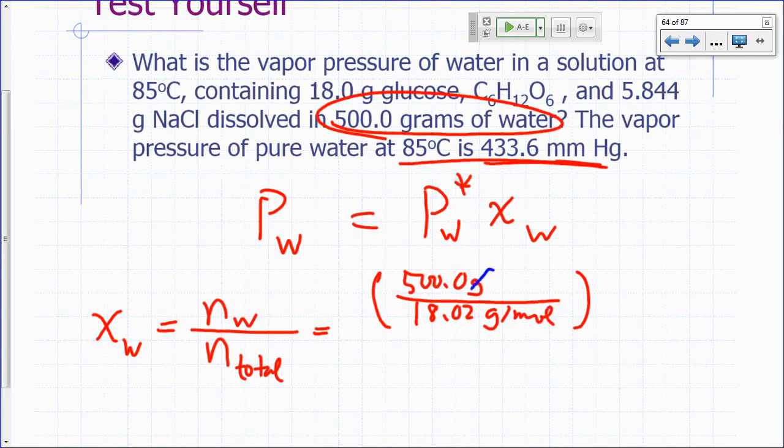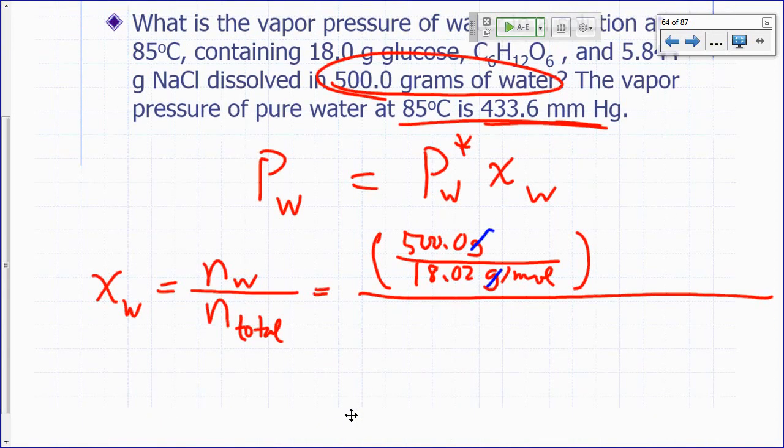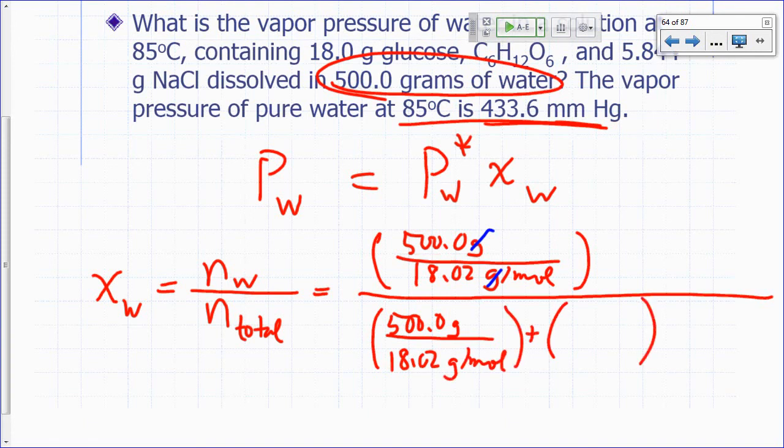Okay, that cancels grams. Okay, how do I get total moles? Well, part of that total would be the water, right? So 500.0 grams over 18.02 grams per mole plus, so grams cancel out there.